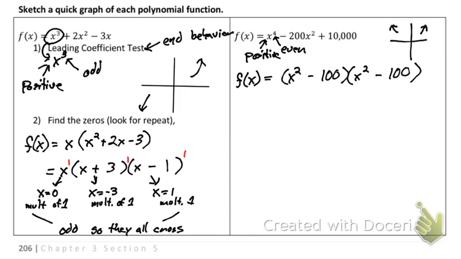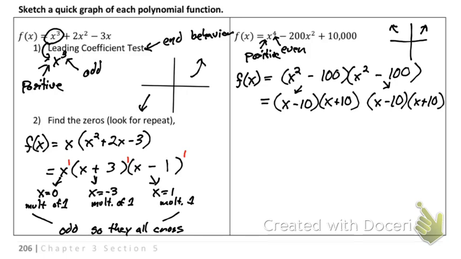Well, let's look at what this breaks down into. This breaks down into x minus 10 times x plus 10. You could have also just done x squared minus 100 and found your zeros that way too. This one will also break down to x minus 10, x plus 10. Note there is a multiplicity in there.